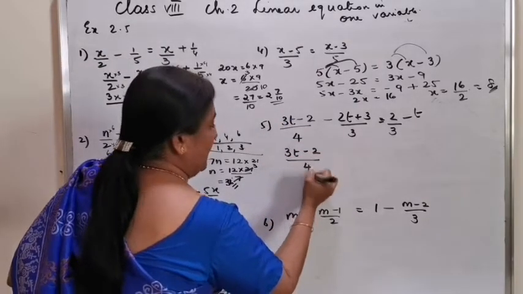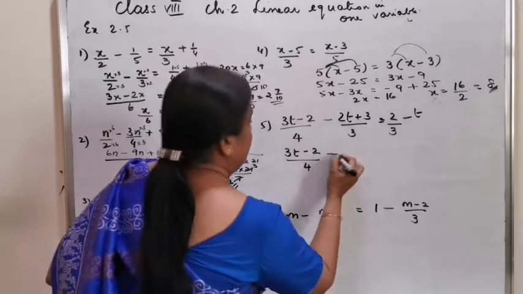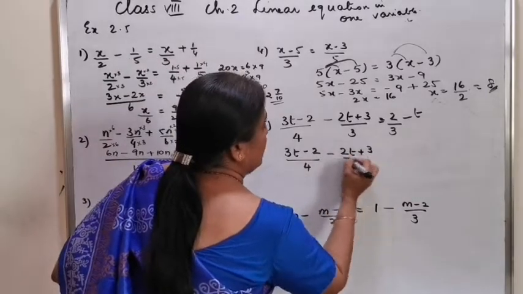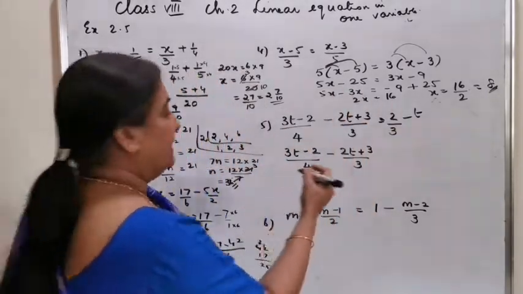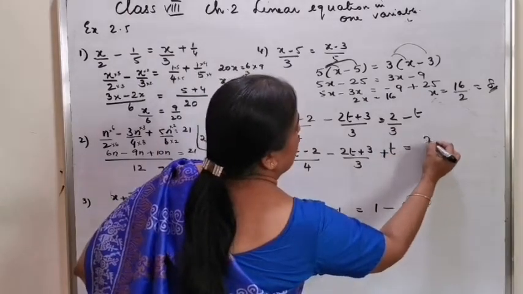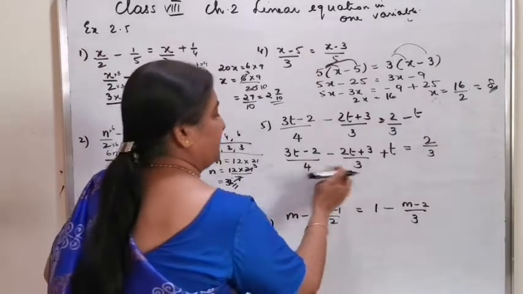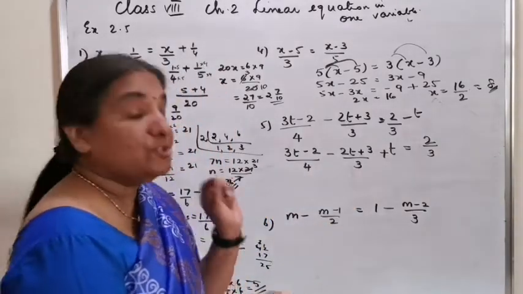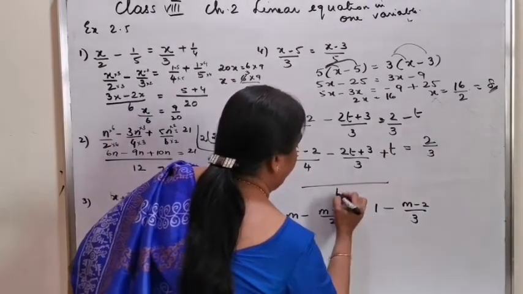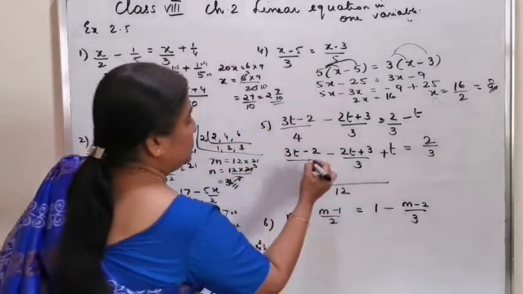Similarly, 3t minus 2 by 4 minus 2t plus 3 by 3. Bring the t from the left side as t plus t is equal to 2 by 3. Next, LCM of 3 and 4, nothing common, is 12, into 3.